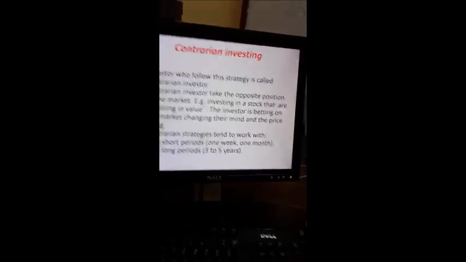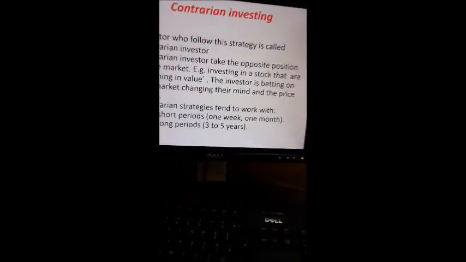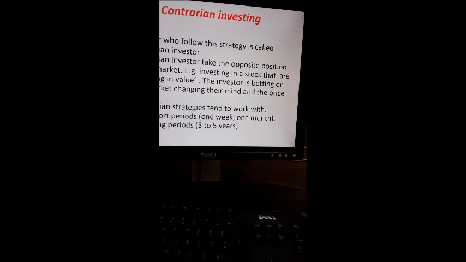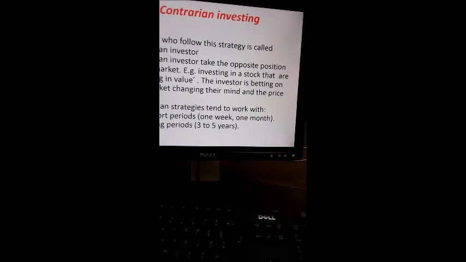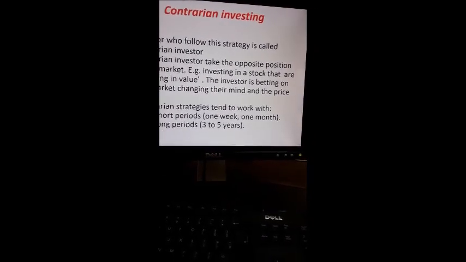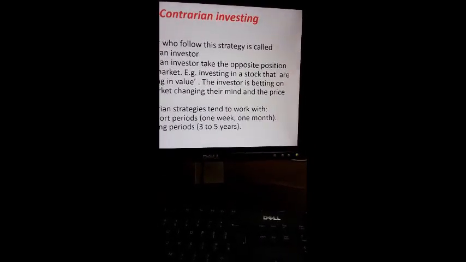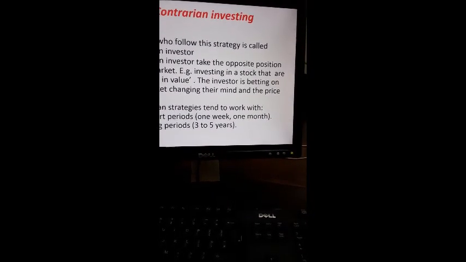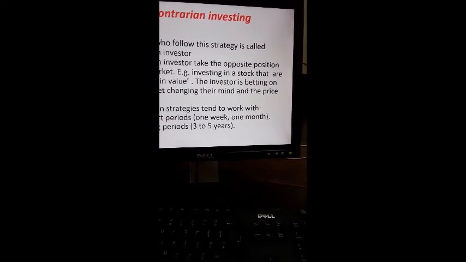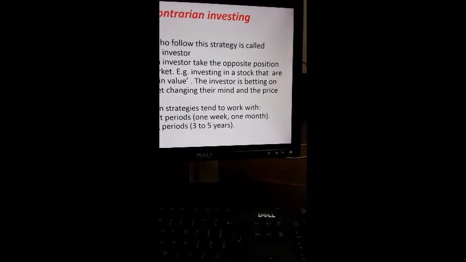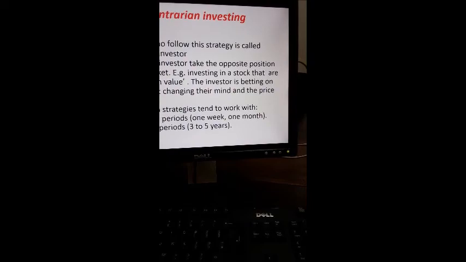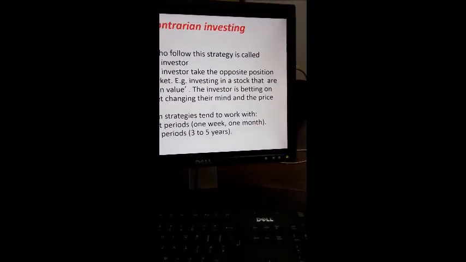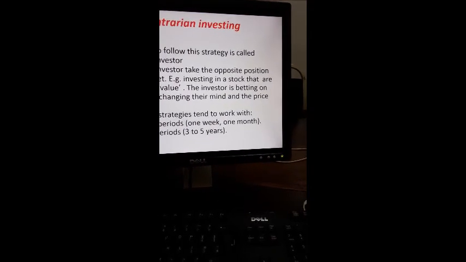Now after growth investing, let us look at the other strategy, which is known as contrarian investing. An investor who follows this strategy is called a contrarian investor. The contrarian investor normally takes the opposite position in the market. They invest in stocks that are declining in value. The investor is betting on the market changing its mind and the price rising.